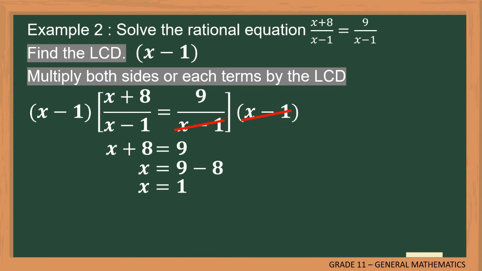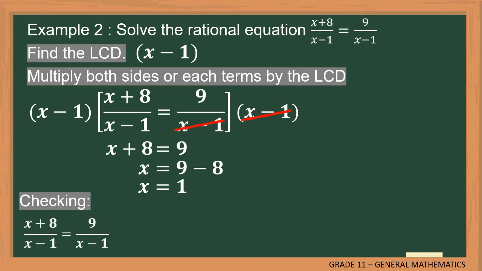So, ang pangatlong step natin ay i-check natin si 1 gamit yung original equation kung ito ba ay solution. Now, ang gagawin natin ulit ay substitute yung value ng x sa lahat ng x nitong given natin. So, papalitan lang lahat ng x ng 1. So, 1 plus 8 over 1 minus 1 is equal to 9 over 1 minus 1.